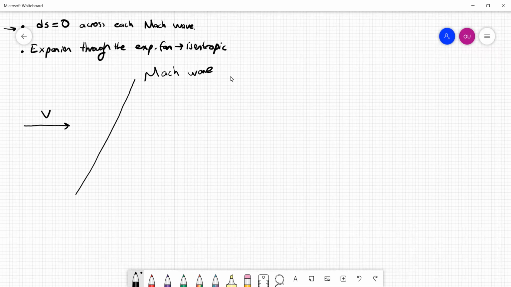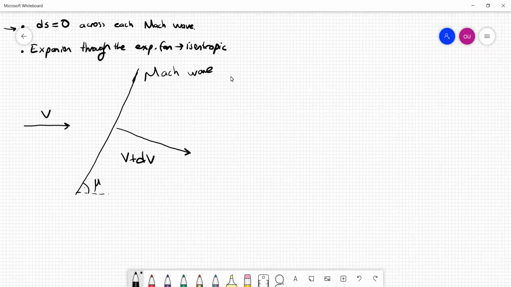Here, the Mach wave is sitting at a Mach angle, and due to the effect of this Mach wave, the flow experiences a slight direction change. Of course, I will exaggerate it here. The vector will change direction, plus its magnitude could slightly change after the Mach wave.